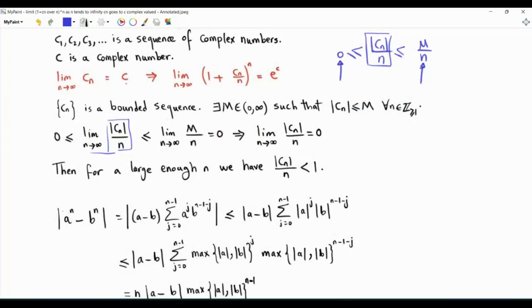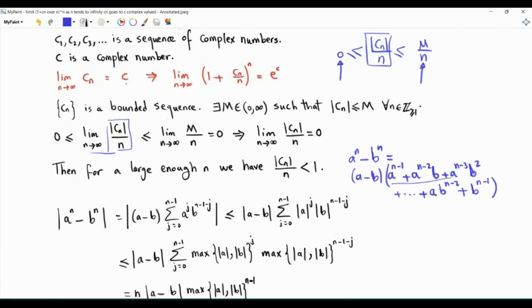Let's investigate the magnitude of a to the n minus b to the n, where a and b are complex numbers. We know that a to the n minus b to the n is equal to (a minus b) times (a to the power n minus 1, plus a to the power n minus 2 times b, plus a to the power n minus 3 times b squared, and so on, plus a times b to the n minus 2, plus b to the n minus 1).